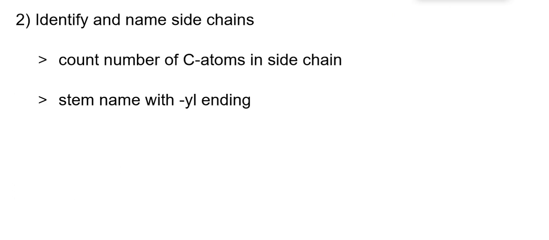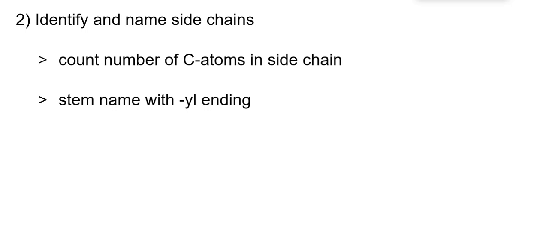The second step is going to be to identify and name any side chains. So once we've identified that longest chain, we'll have to look for other carbon atom groups that are branched off of it. And we're going to look at the number of carbons in those groups. And they will again relate to the meth, eth, prop, but, all the way through. Additionally, we will add the stem name with a YL ending.